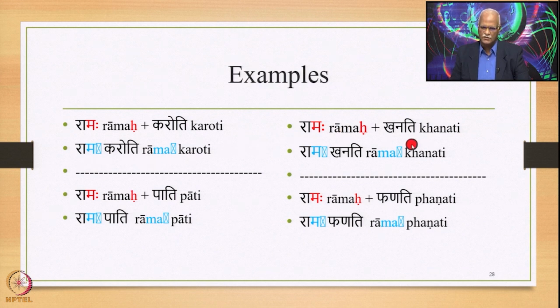Similarly, Ramaha plus Khanati, Visarga is followed by Kha, so this Visarga is substituted by a Jivhamuliya and you get Ramah Khanati as the output. Similarly, you have Ramaha Pati as the input, and this Visarga, now this is being followed by Pa, so this gets Upadmaniya as the output. Ramah Pati and also Ramaha Phanati, and the output is Ramah Phanati.